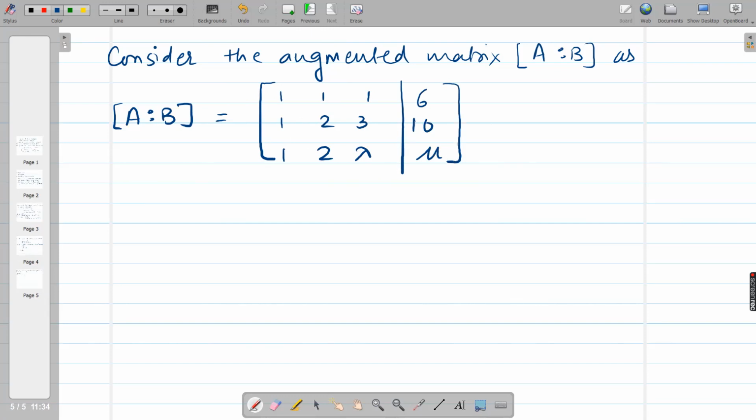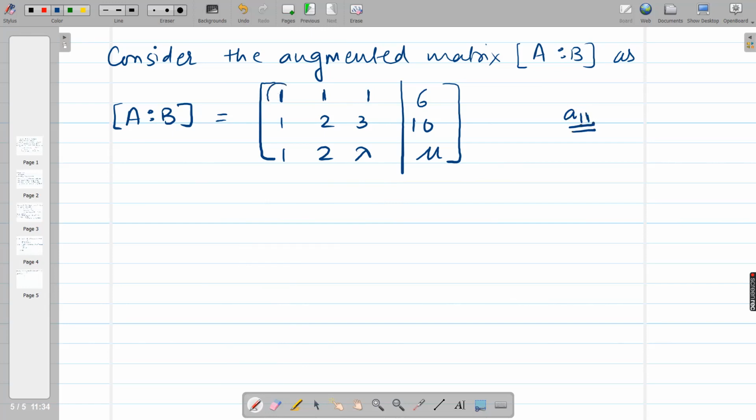Okay. So how to reduce this matrix A to row echelon form. So usually we start with the diagonal element. Now here this is 3 cross 3. So in case of 3 cross 3, we will try to get our leading ones. The first position of leading one is A11.